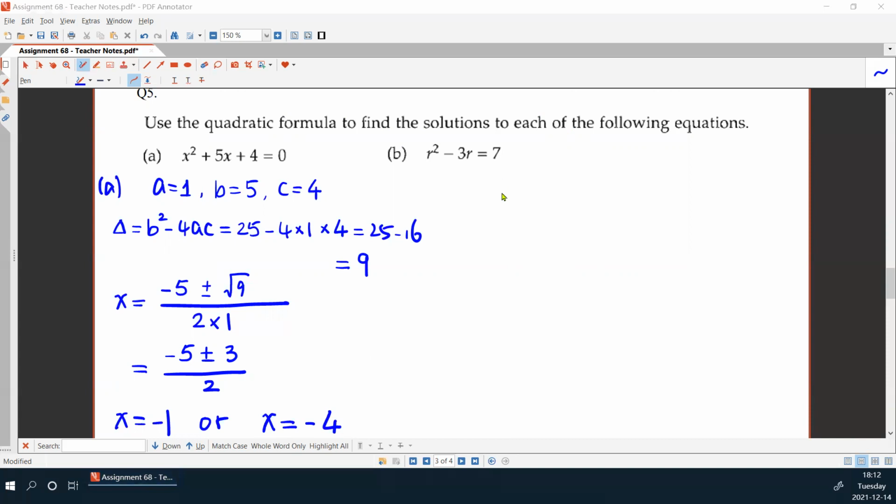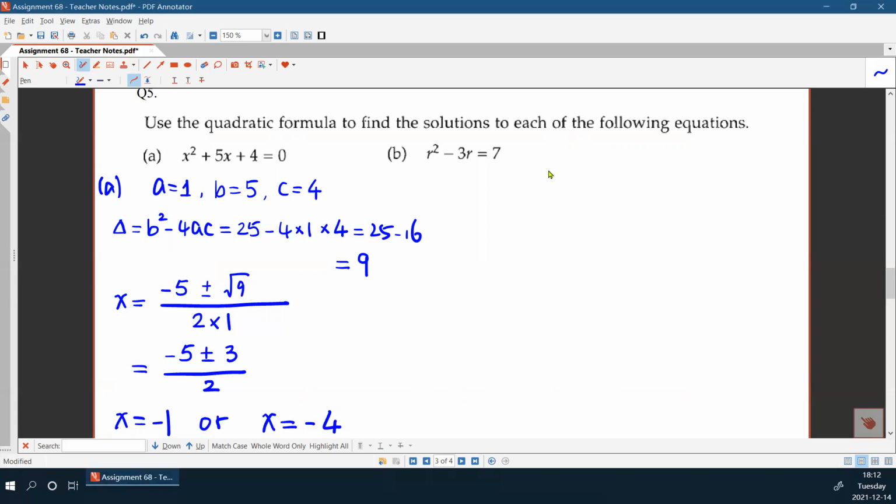Okay, and let's try to solve question B. Again, first of all, let's convert it to the standard form of the quadratic equation. That means put everything on the left side. So the original equation is equivalent to r squared minus 3r minus 7 equals 0. And then what is our a? a is the coefficient of the leading term, the leading coefficient, which is 1. And b, tell me what is b here?